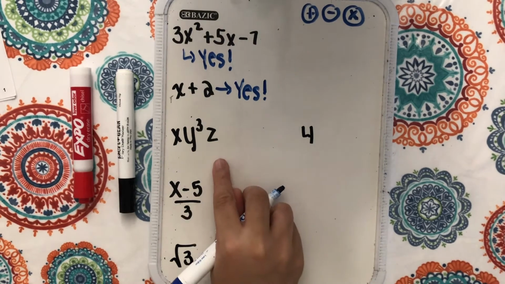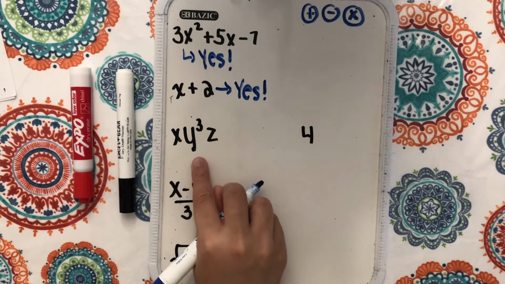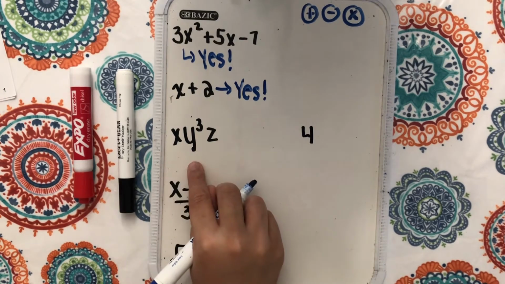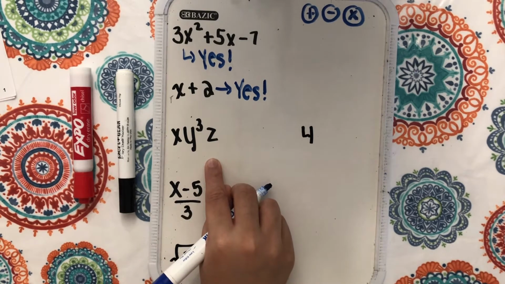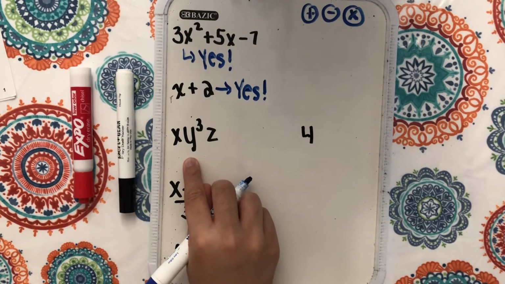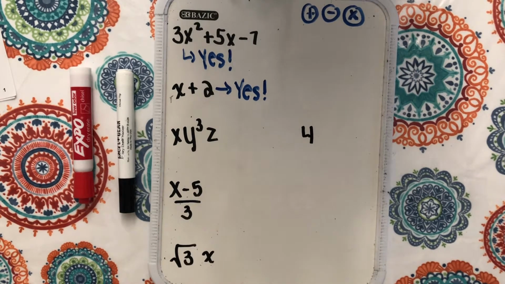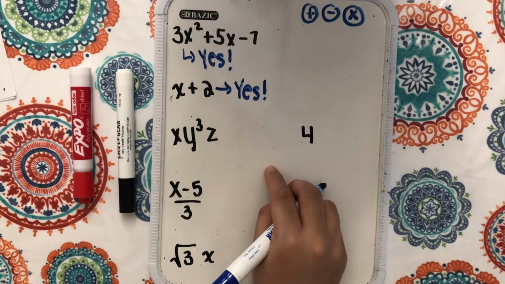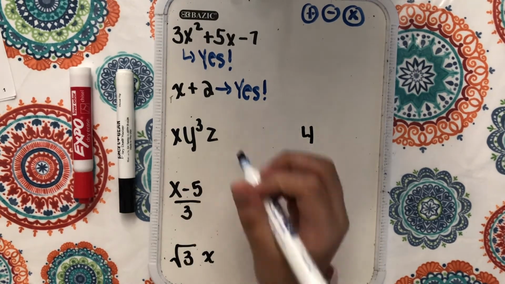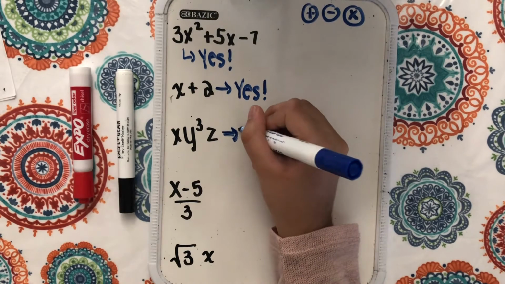Over here, we have x, y cubed, z. Once again, all the variables are being multiplied together, and this is being cubed, but we know that squaring or cubing anything is just repeated multiplication. So nothing else is happening to the variables. It is a polynomial.